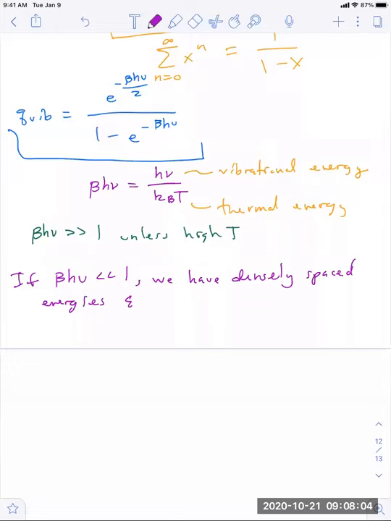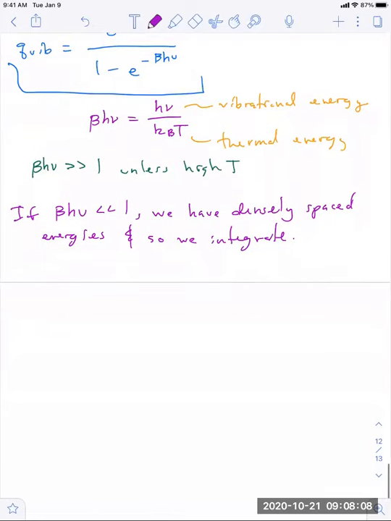And so we integrate. We could rewrite our vibrational partition function like this. Here I'm just replacing the infinite sum I showed before with an integral.